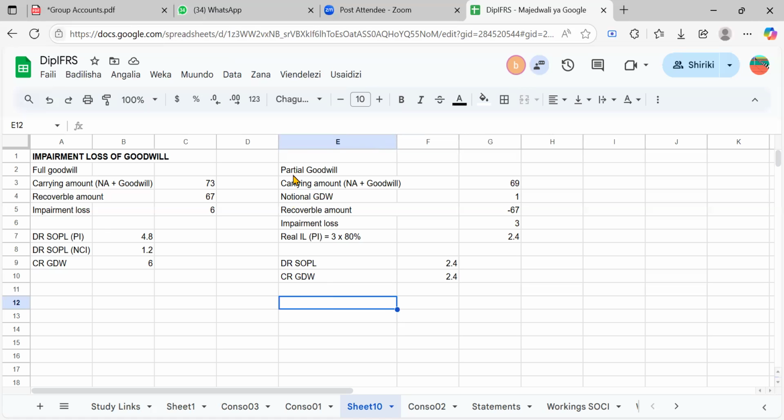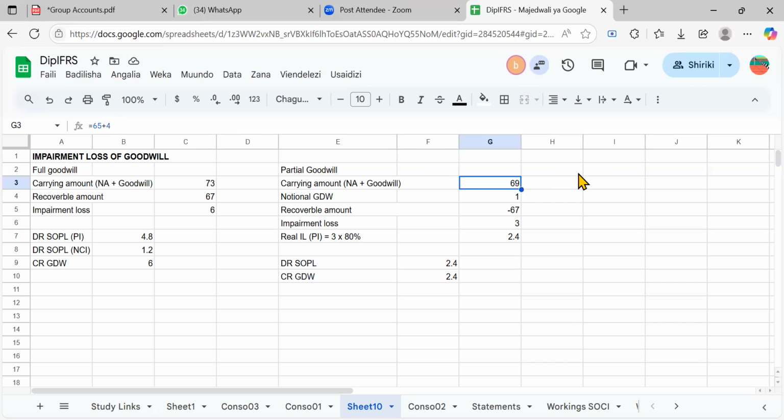Look here, I could have done this. We could have done it this way. This was the carrying amount. Carrying amount was 100%. It was 65, right?